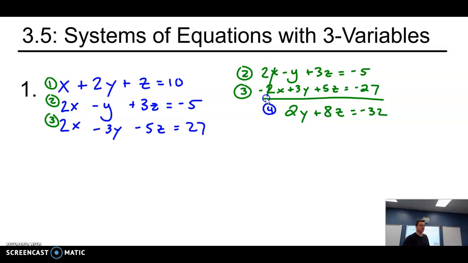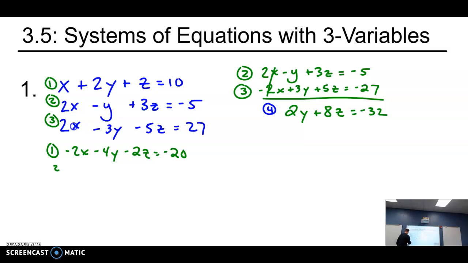Since I eliminated x here, I need to eliminate x here. Okay? So I'm going to use equation 1, but remember, we have to multiply by -2 because we want the x's to go away. So I'll do equation 1 and 2, but I'm going to multiply equation 1 by -2. So this becomes -2x minus 4y minus 2z equals -20.